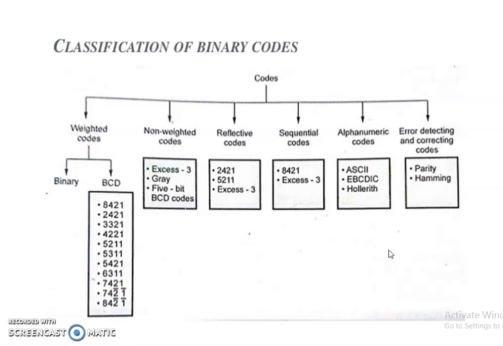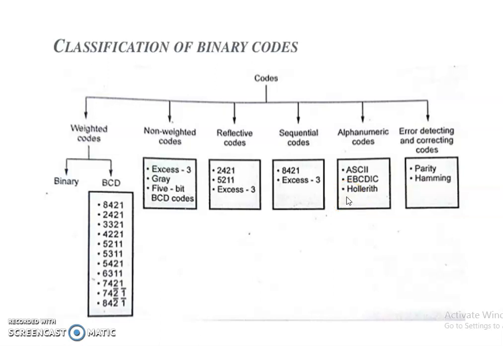So, there are three alphanumeric codes very commonly used in data representation. First one is American Standard Code for Information Interchange. Next one is Extended Binary Coded Decimal Interchange Code. And third one is 5-bit binary code.